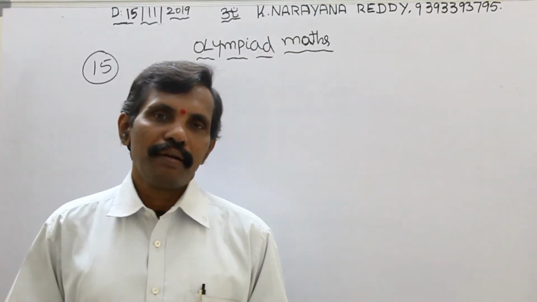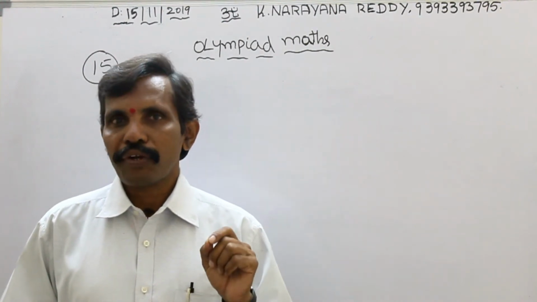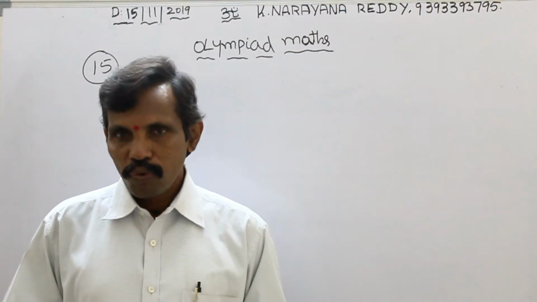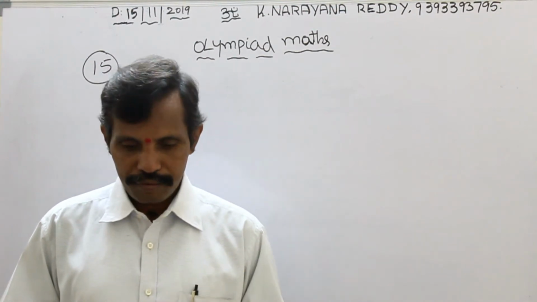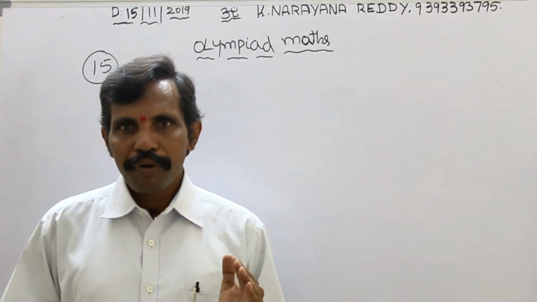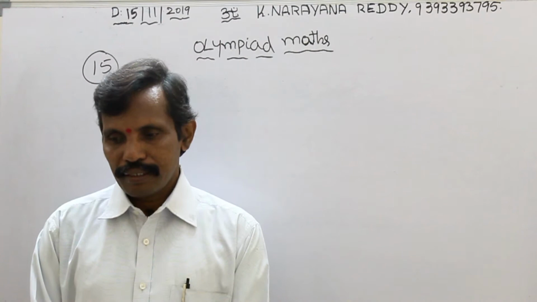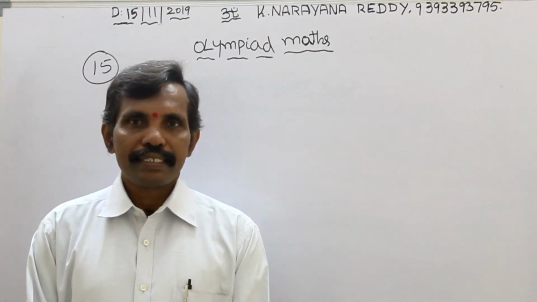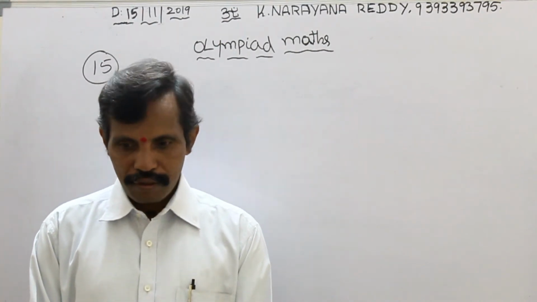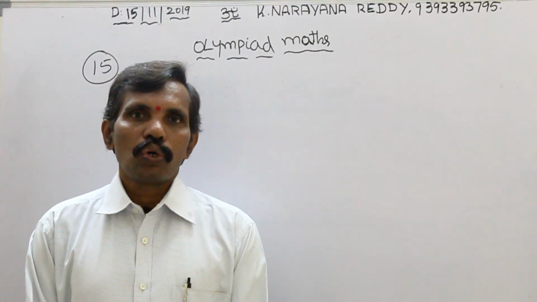In this Olympiad Math, trigonometry, that means applications of trigonometry. What are the applications of trigonometry? The applications of trigonometry are used in so many places to find the distance of a building, of a tower, or in space also.